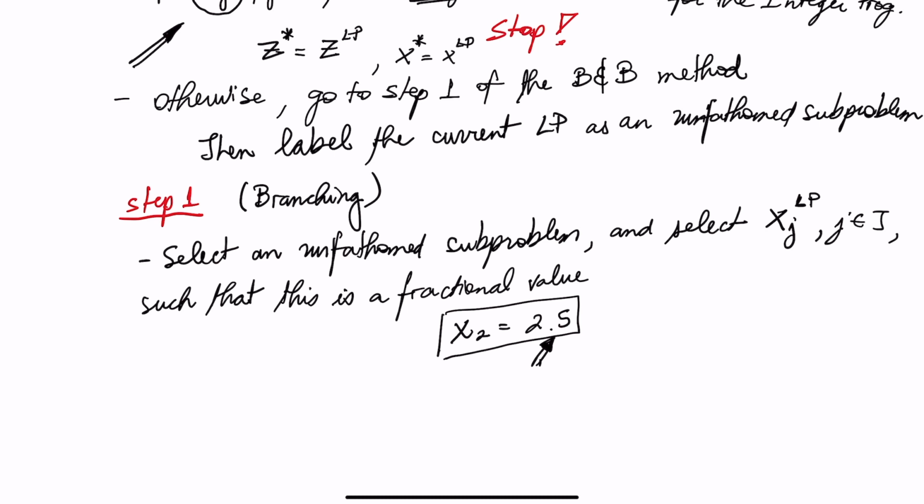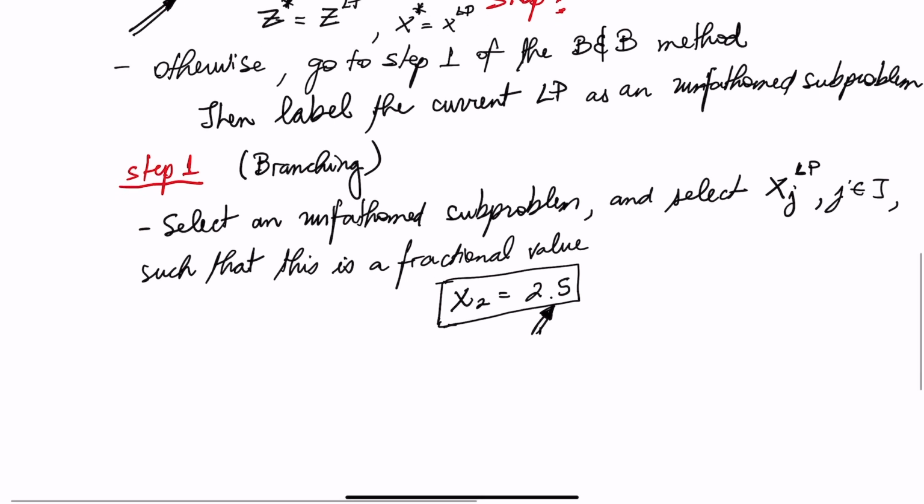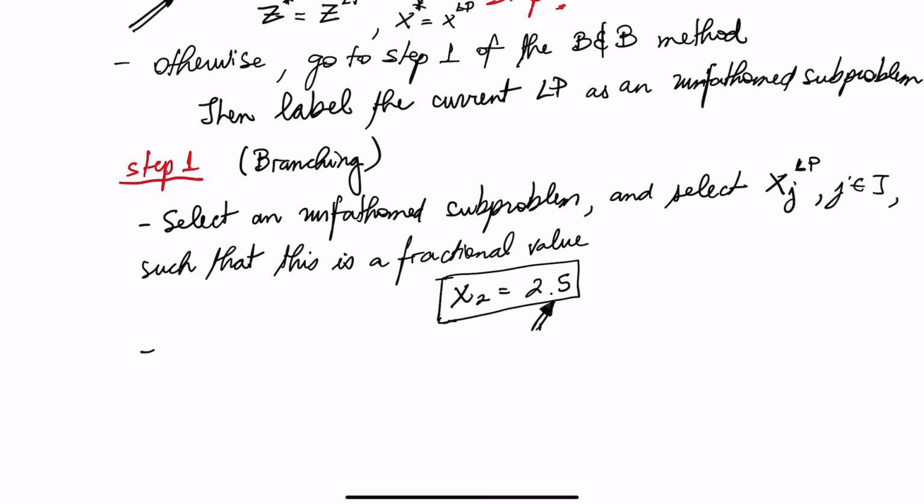Okay? So, with that selection of the element of the decision vector that is fractional, we're going to create 2 new subproblems.